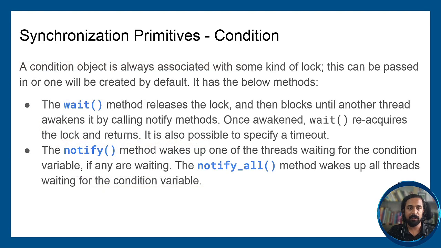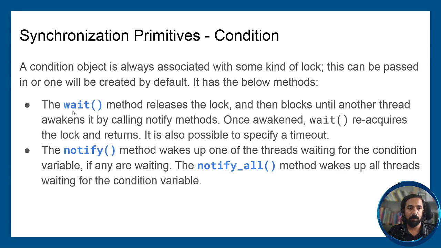Now let's take a look into these functions in detail. We have our wait, notify and notify all methods. Also, we can see that the condition object is associated with some kind of lock, so it can also act as a lock. We can pass a lock object during its initialization, or one lock object will be created by default by the condition.